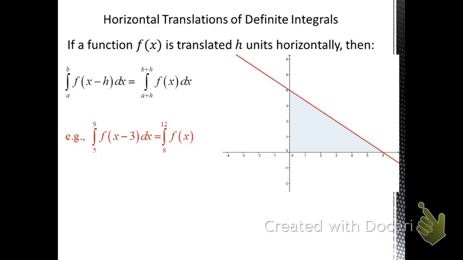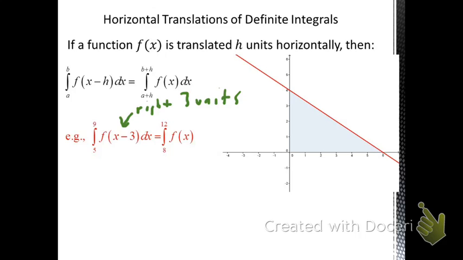Okay? So, for example, if I was trying to find the integral from 5 to 9 of the function f of x minus 3, well, a couple things to consider here. Since f of x minus 3 translates f of x 3 units to the right, all we've got to do is add 3 to the lower limit and to the upper limit of integration, and then we can use the original function to find that integral, because they're guaranteed to have the same area since you just shifted left and right.